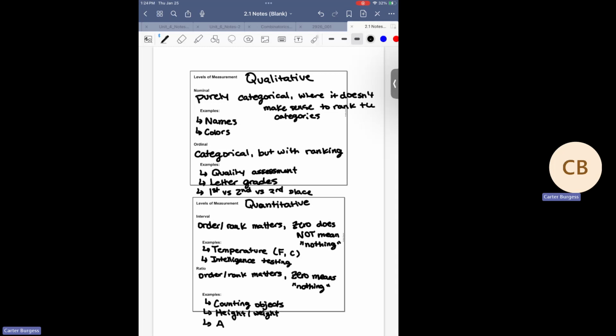And one final mini example, age: 0 years old means that you have not yet lived a full year. Questions on our definitions for these levels of measurement?